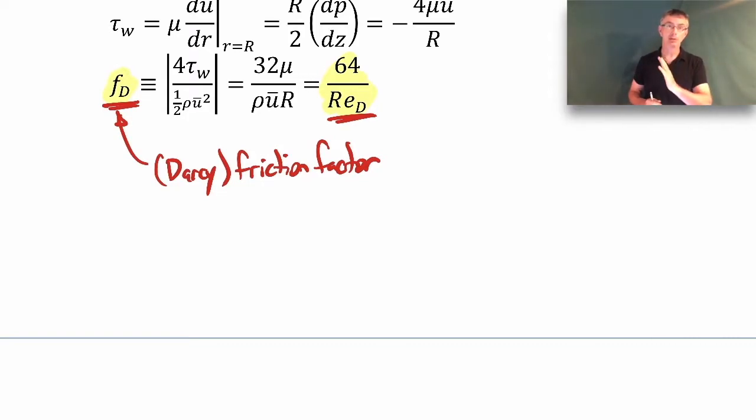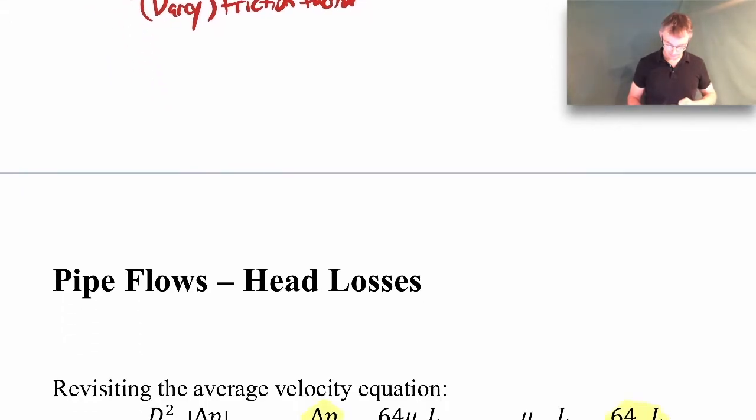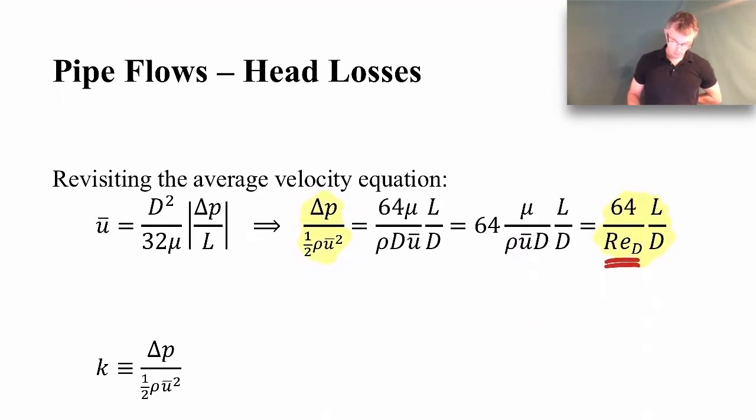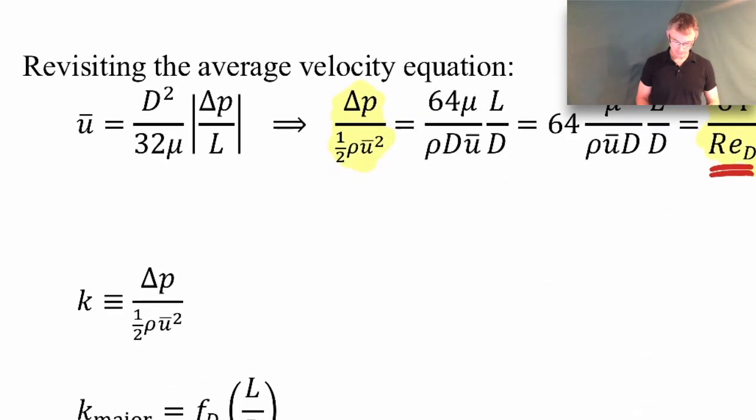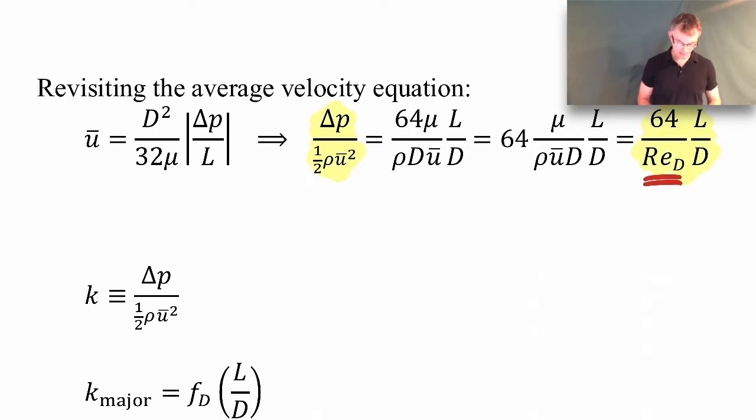The extra pressure that we have to apply to the pipe is directly related to the wall shear stress, tau W, which is not entirely surprising. So we rewrite this extra pressure term, we call that term a loss coefficient. It's a pressure loss coefficient. And the symbol that's often given to that is a K. So K is our loss coefficient.